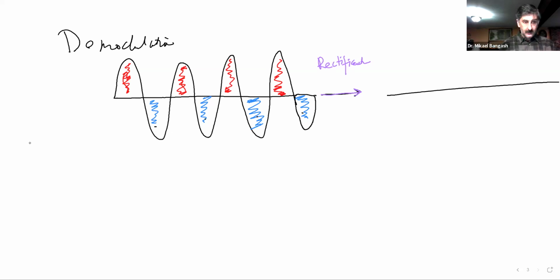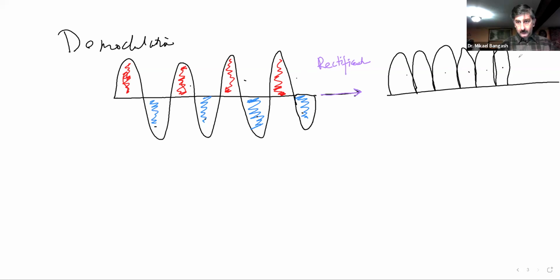So after rectification, this would be what our sound waves will look like.